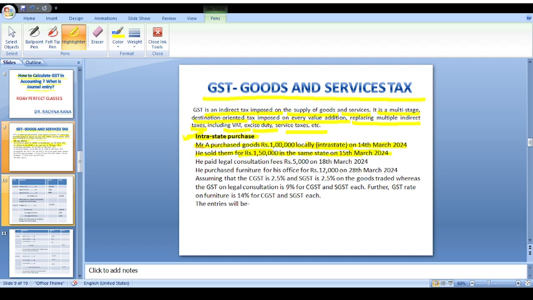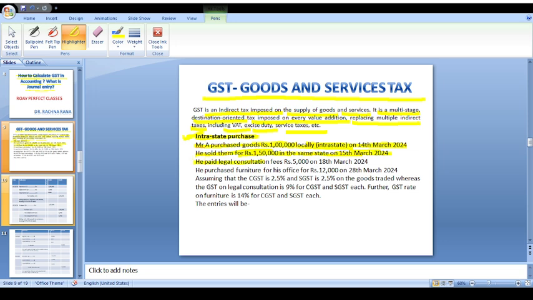When he purchased on 14th March, the amount was 1 lakh. When he sold those goods, the price was 1,50,000. He sold them in the same state, so that's why it is an intrastate sale.